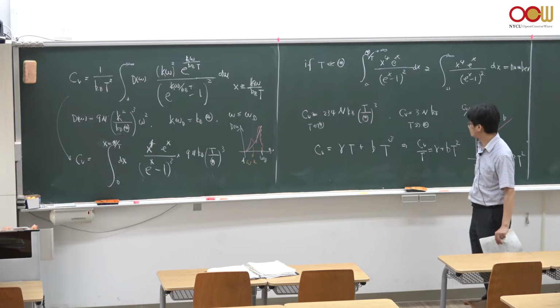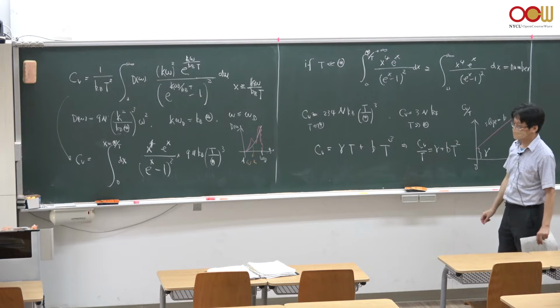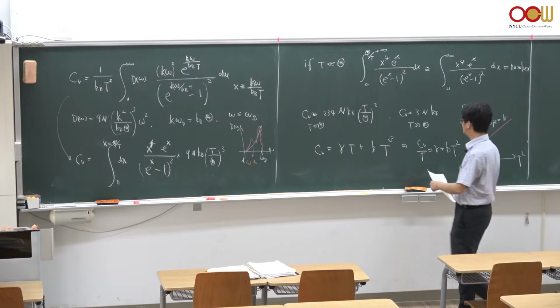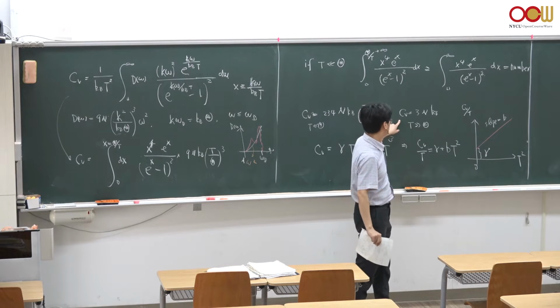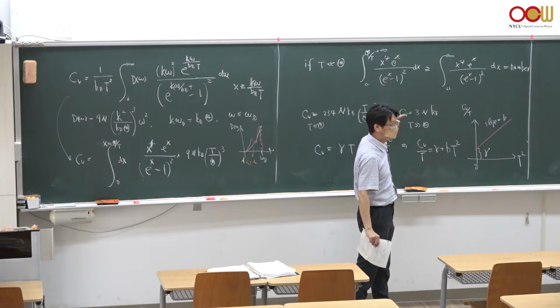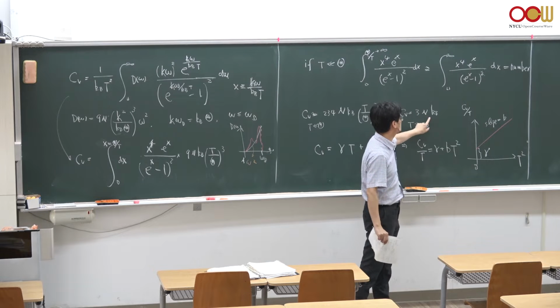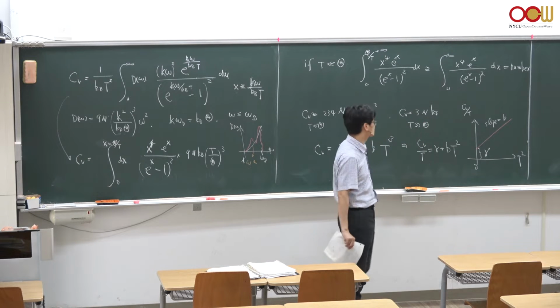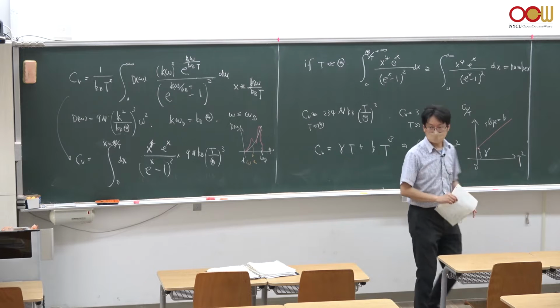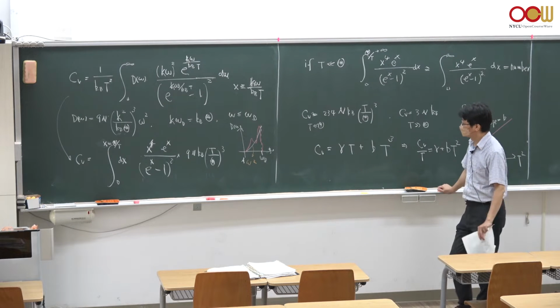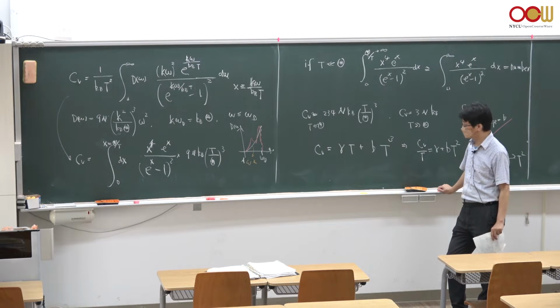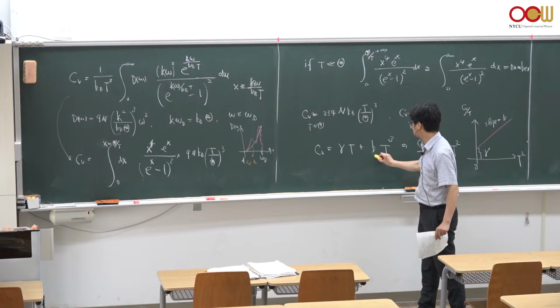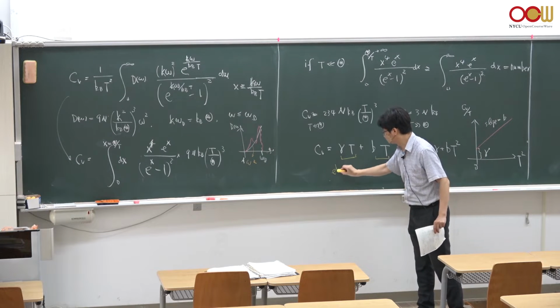And remember that in high school, we learned that the specific heat of a classical molecule is given by 3 times N times kB, where N is the number of particles. So we can combine the contributions to the specific heat from the phonons and from the electrons.